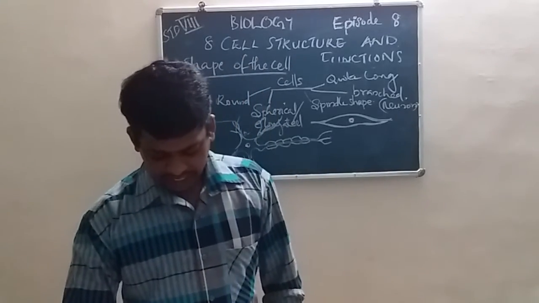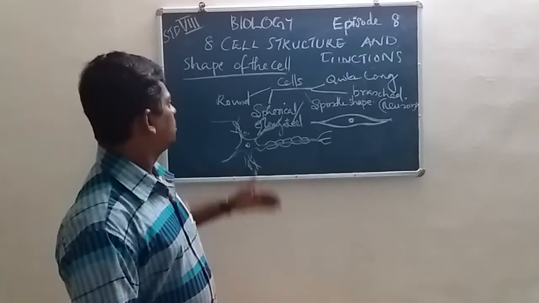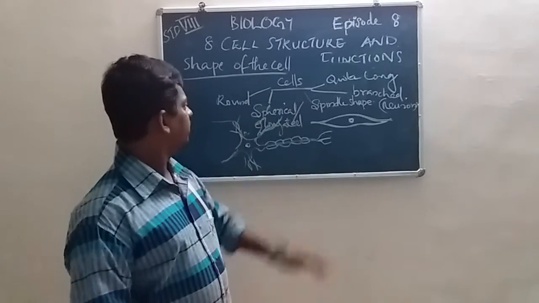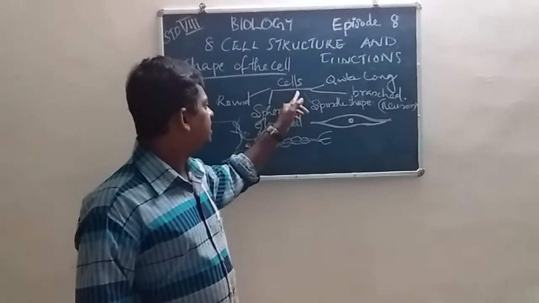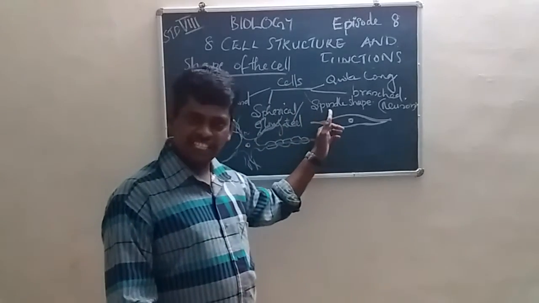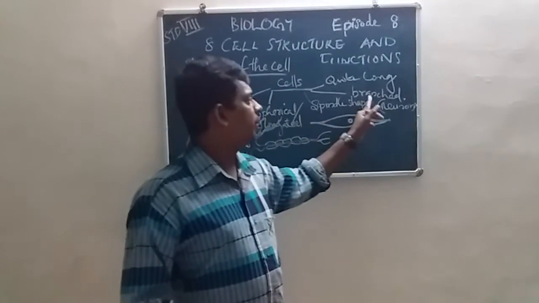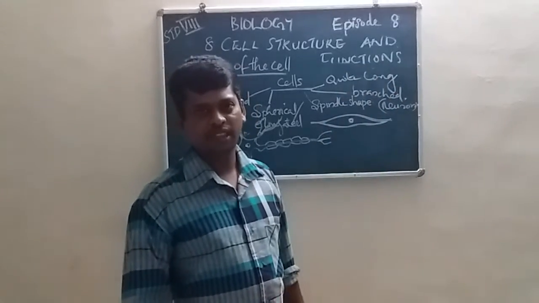This is the shape of this cell. Some cells are round, some spherical or elongated, some spindle shaped, some branched, some quite long.